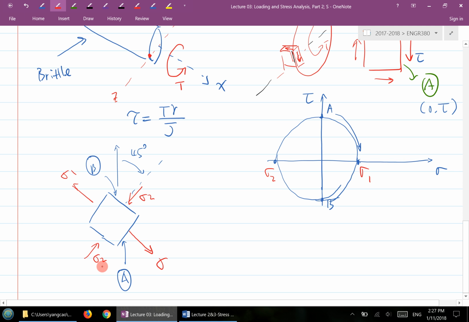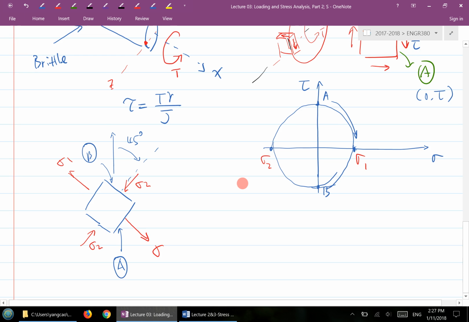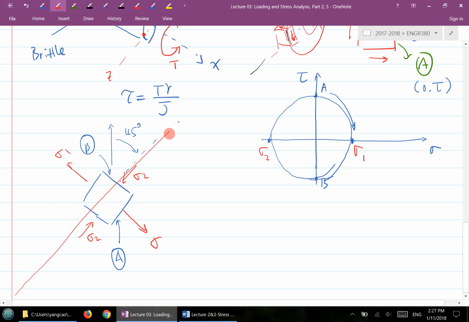That's your new state of stress with a 45 degree clockwise rotation. If you look at this location here, this is basically like a cut in this direction, right? You cut this direction, and that direction is perpendicular to what stress? To that normal stress sigma 1 here. So we just said brittle material will fail due to the normal stress, and this is your maximum normal stress sigma 1.